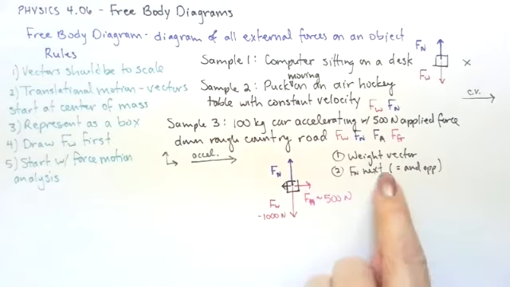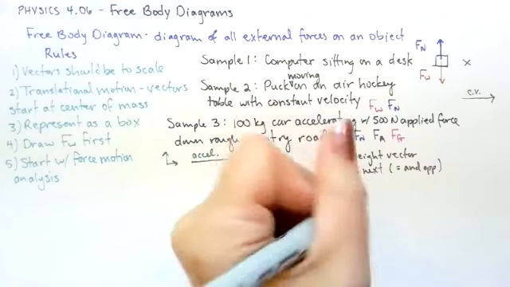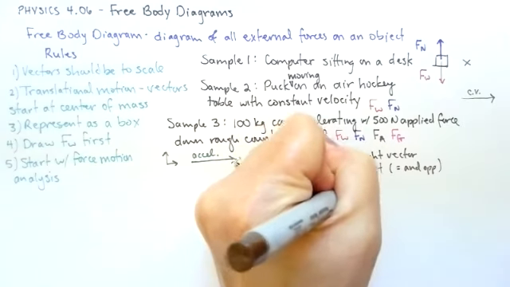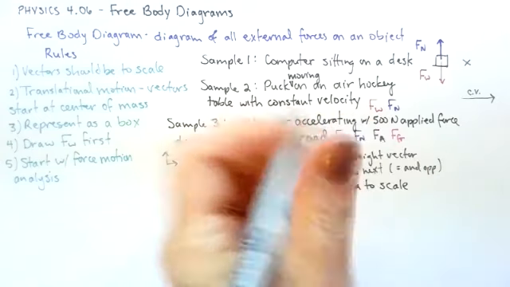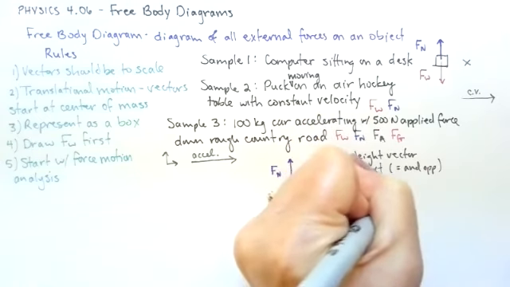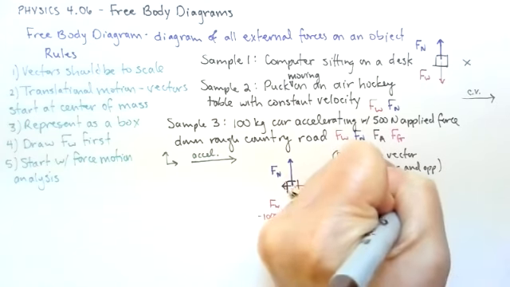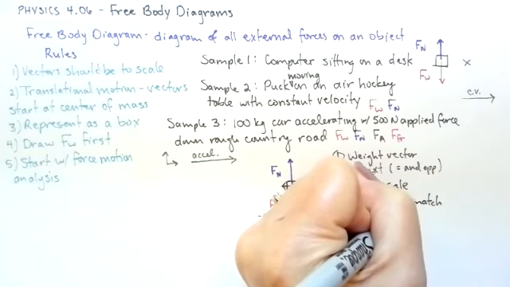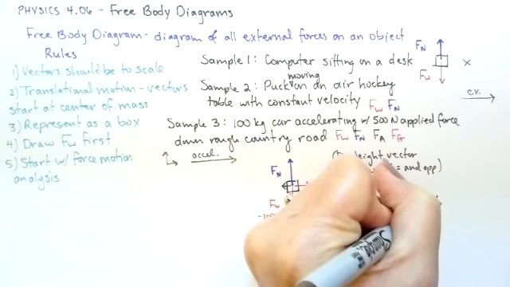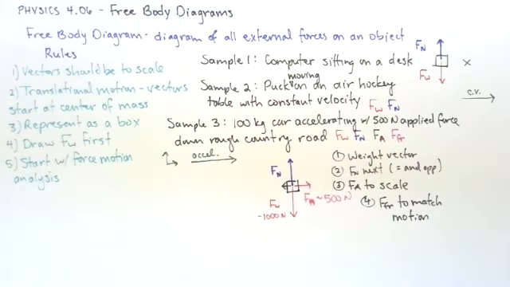So after I did my normal force, I did my applied force to scale. And then finally, I did my friction force to match my motion. Well, how did I bring all that together? Your force motion analysis.